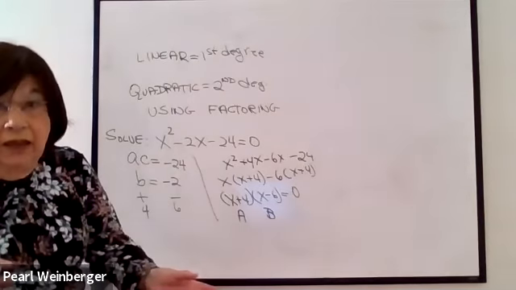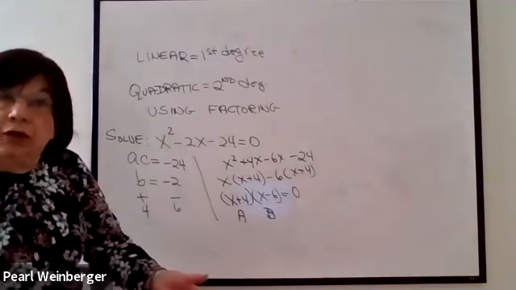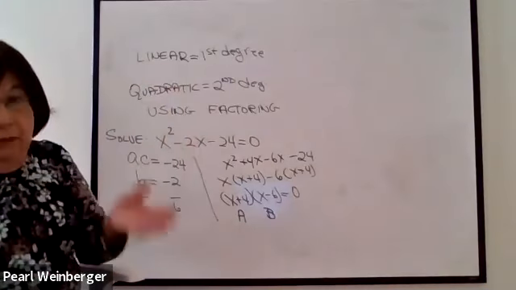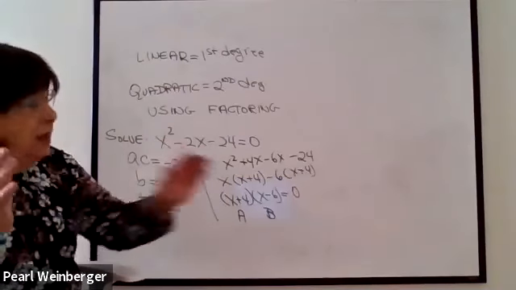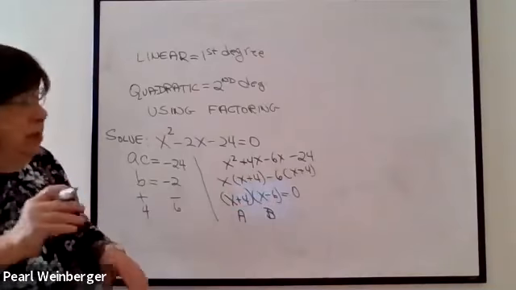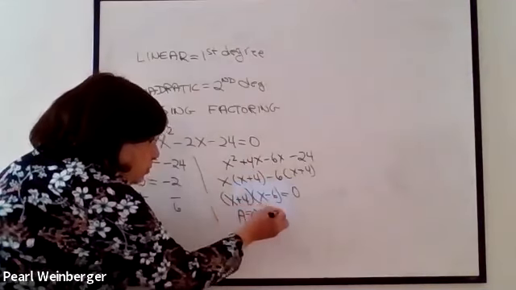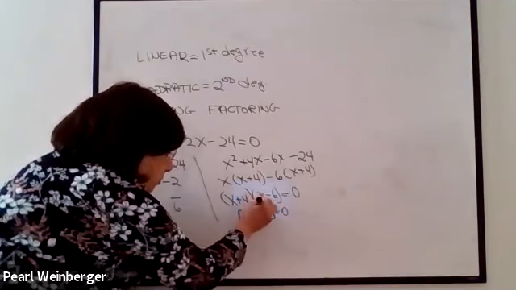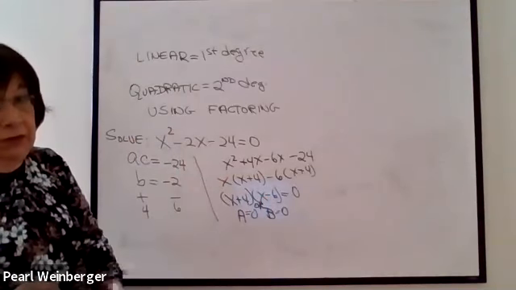Now, that's not true of any other number. Like if I get an answer that's going to be 12, it could be 3 and 4, it could be 12 and 1, it could even be a half and 24. There are millions of combinations. But if you get something times something equaling 0, it must mean that either the A equals 0 or the B. They don't both have to be equal to 0, but one of them has to be equal to 0.